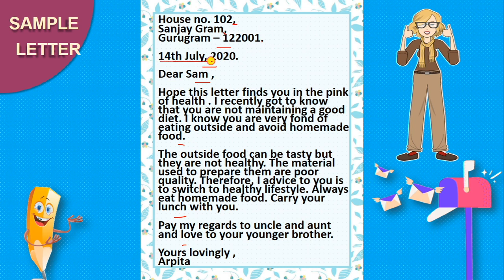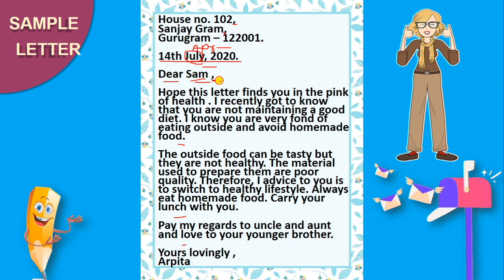The date will be written in this format only, 14th July 2020. Don't write 14.3.2020 like that. Sorry, here it was April on the last page. No problem, students, you will write in this format. Then you will write Dear and the name of the person you're writing to, and a comma.